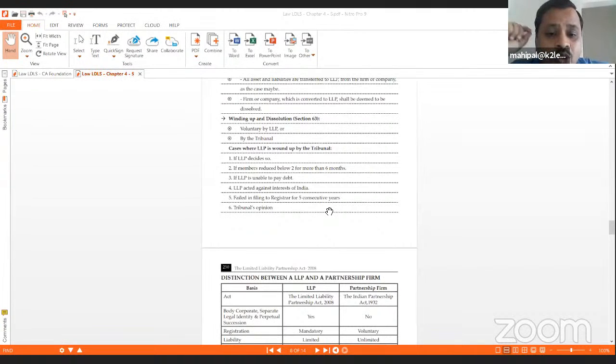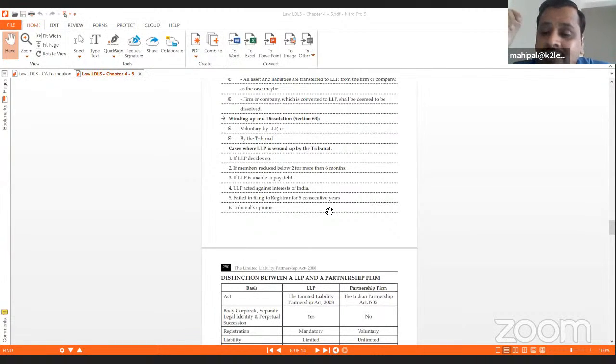Who are responsible for day-to-day operations of an LLP? All the partners. Great. Who are responsible for statutory compliances of LLP? Designated partners. Great. In case the designated partners reduce to 1 and the firm continues for more than a period of 6 months, then in such case, all the partners will be treated as designated partners.